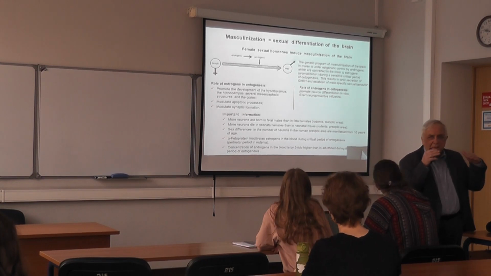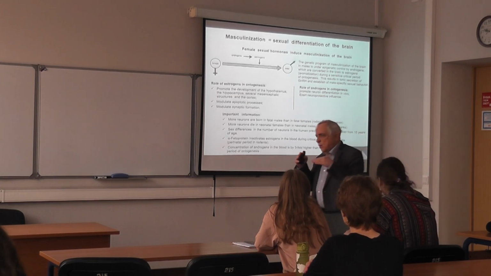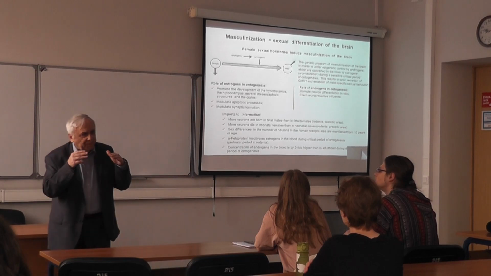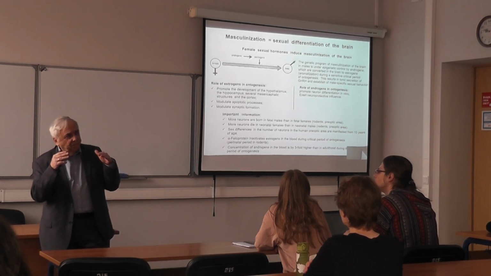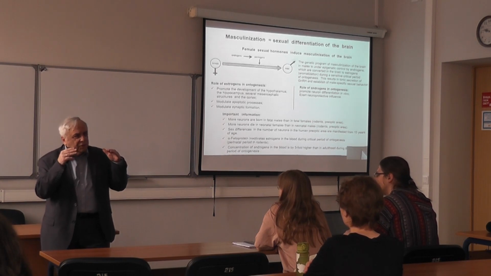Why can estrogen, which circulates in the bloodstream, not reach the brain in females? Blood-brain barrier? No, for steroids, I mentioned several times, there is no blood-brain barrier at all.